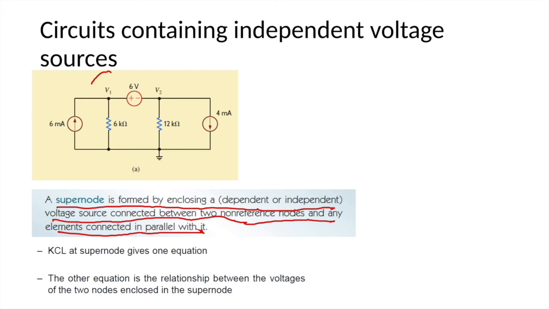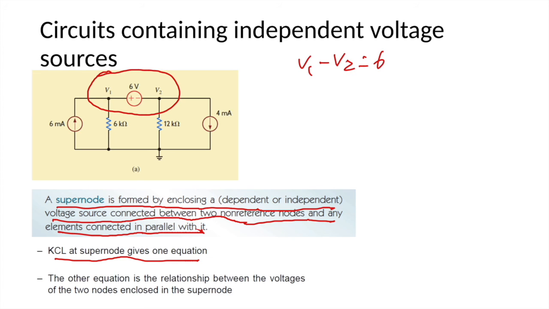So let's plot this circle, and this is a supernode, and we apply KCL at the supernode. This gives one equation. The other equation is the relationship between the voltages of the two nodes enclosed in the supernode. So here that is V1 minus V2 equals 6.